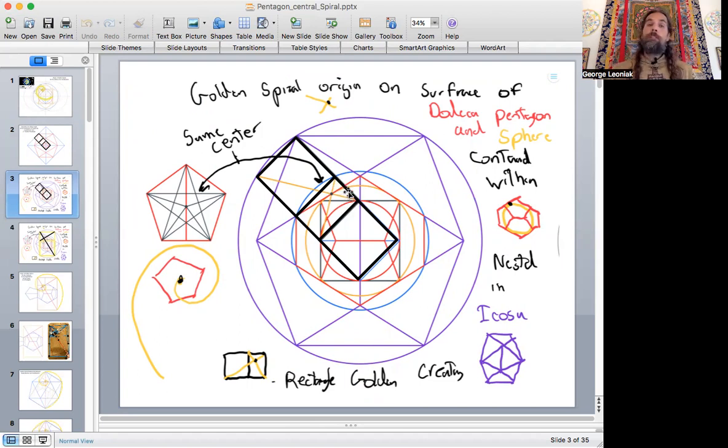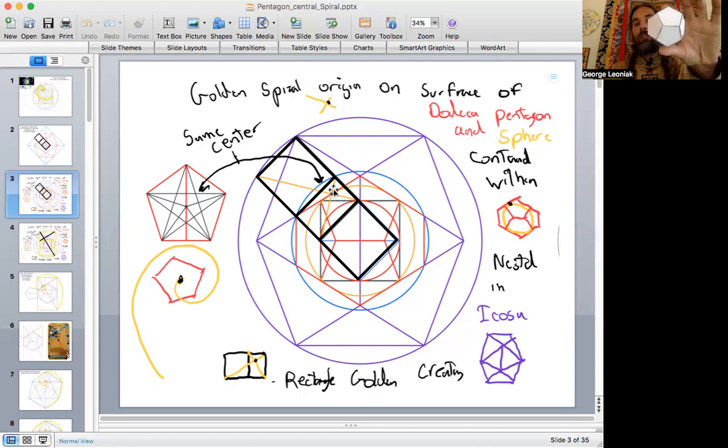But what happens here is that if I do the little golden lines, they crisscross, and the point of origin of this spiral is going to be right on the surface. Here's my rough hand drawing of the dodecahedron, the 12-sided platonic solid, another phi ratio form with pentagon faces.